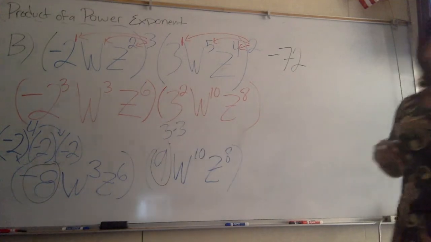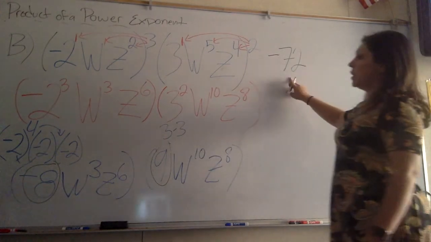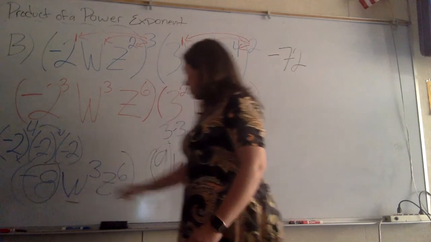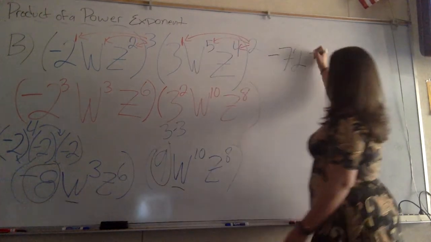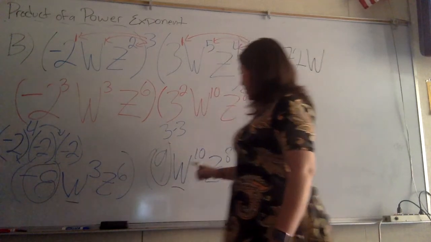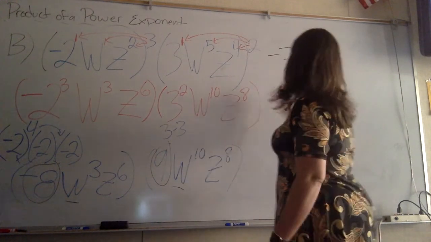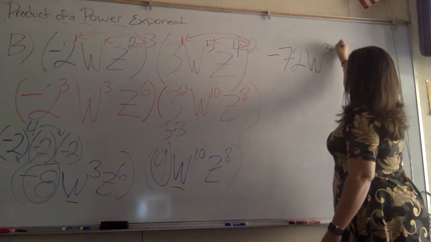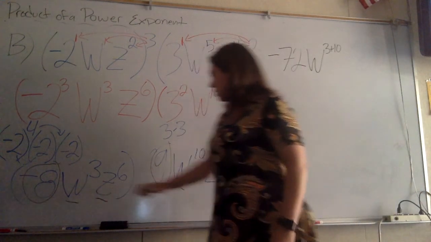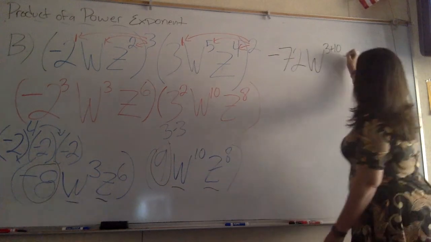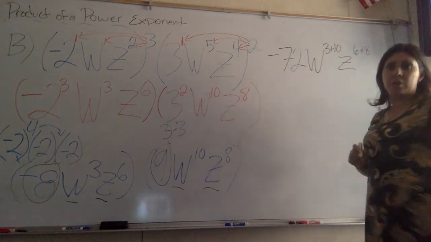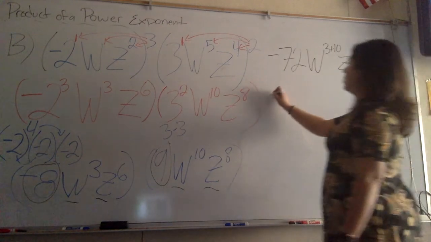All right? From there, we look at what we have in common. We have our W's. So we're going to write W, 3 and 10. 3 plus 10. And then we have our Z's. Z6, Z8. So I have Z, 6 plus 8. So bring down my negative 72.